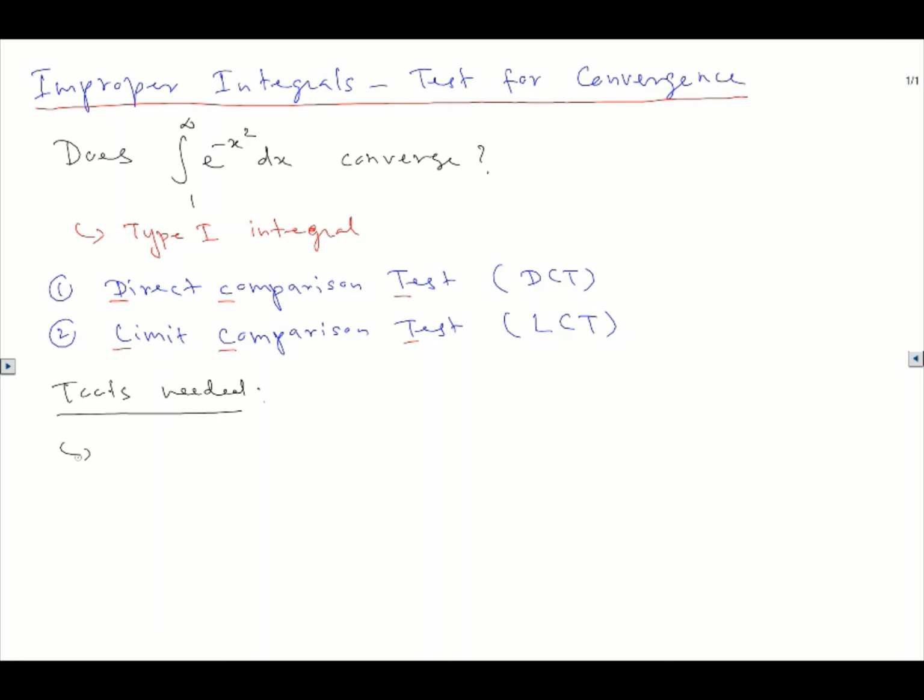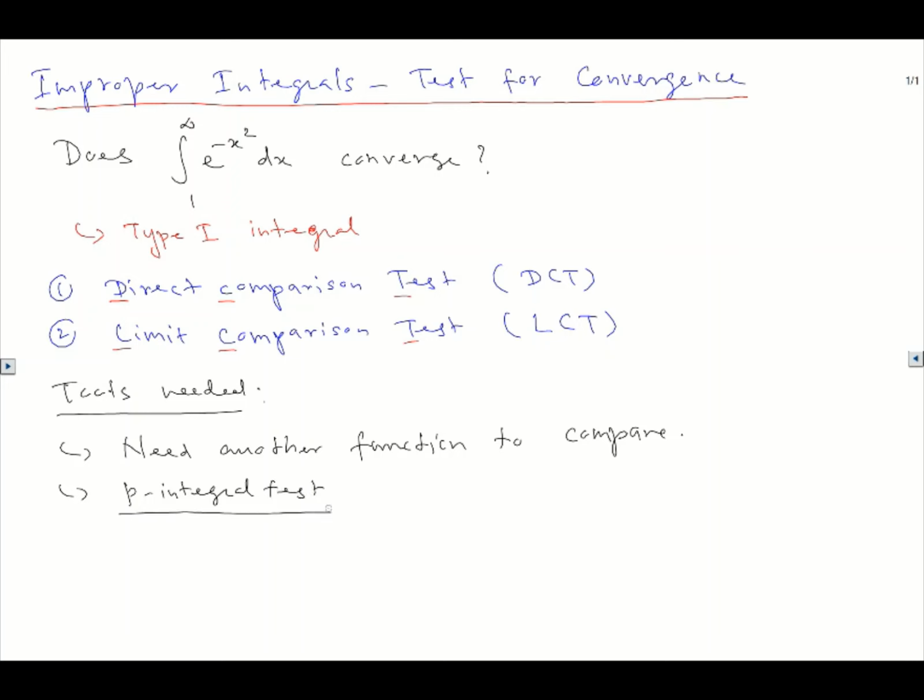One is that when you use any of those results, you need another function to compare. You need a new function to compare with. And also we can use one of the results that we proved in the first part: the p-integral test.